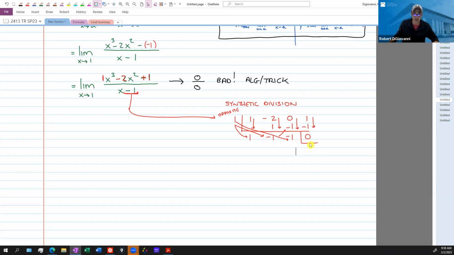Because if you get a 0, here's what synthetic division tells you. It tells you that if you take that number, x, that's a 1, if you create a factor from it, in other words, put x minus 1, and then you look at these 3 numbers right here, those 3 numbers are the coefficients of the remaining polynomial.